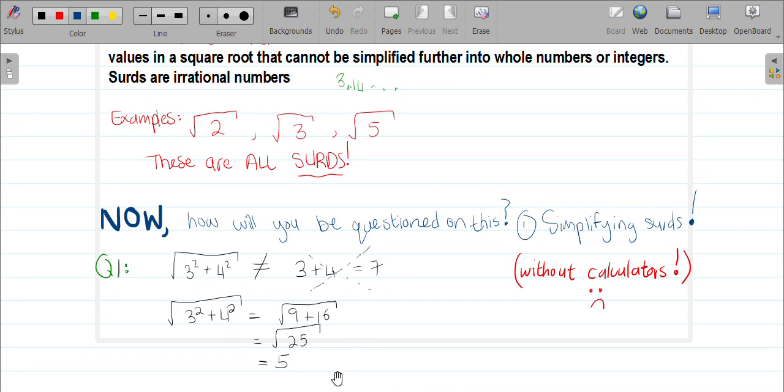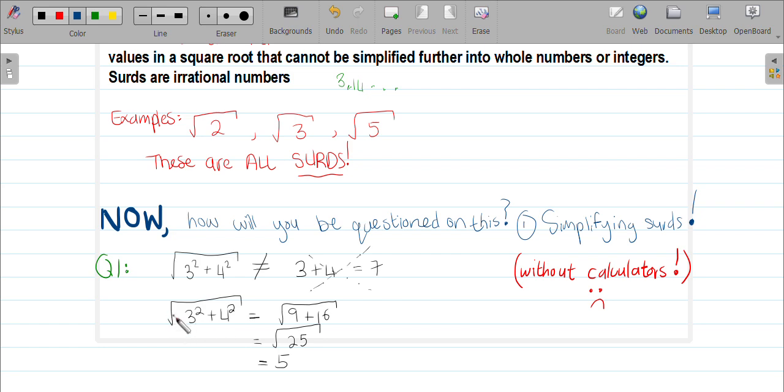Let's have a look at question one. It's not too difficult: the square root of 3 squared plus 4 squared. How do we simplify this? Please do not say the square root of 3 squared is 3, and the square root of 4 squared is 4, so it's 3 plus 4 equals 7. This is not correct.